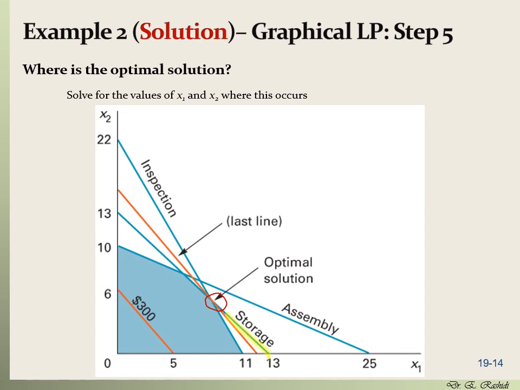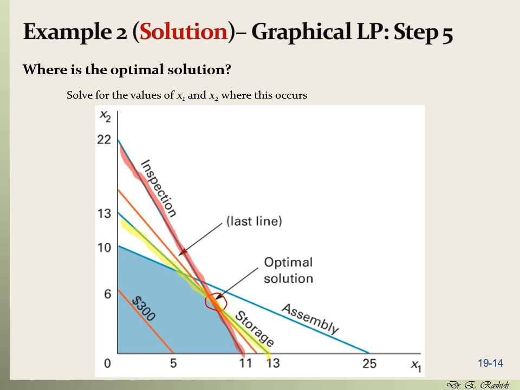This constraint and this constraint. So what we are going to do is solve a system of two equations for the two constraints. And remember that these two lines touch each other, that means that they have an intersection.